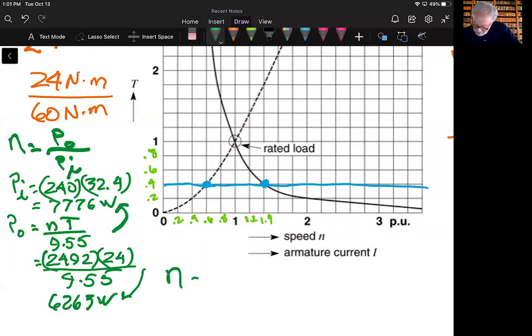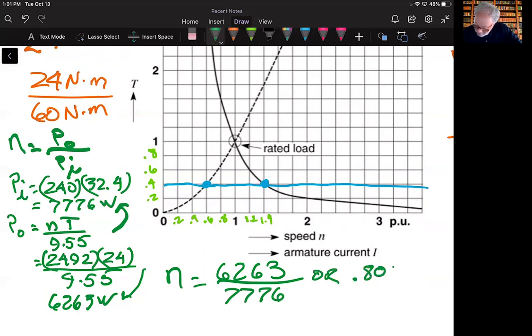So I put this in and I got this out. And so the efficiency of that is going to be 6263 divided by 7776, or approximately 0.805, or 80.5%. Now, that's not a bad efficiency.